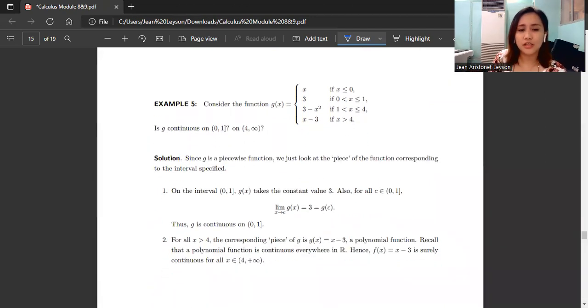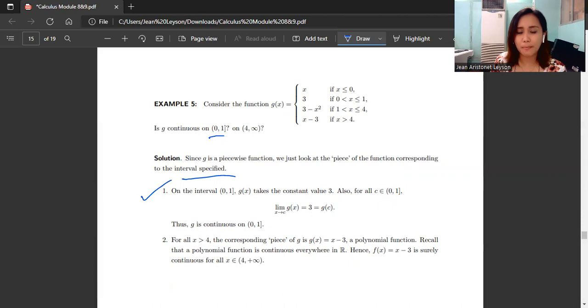So consider the piecewise function g of x. Is g continuous on, first, 0 to 1, where 1 is included, and on 4 to positive infinity? So solution, since g is a piecewise function, we just look at the piece of the function corresponding to the interval specified.